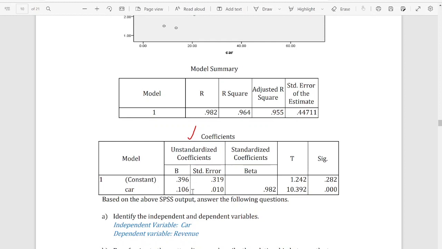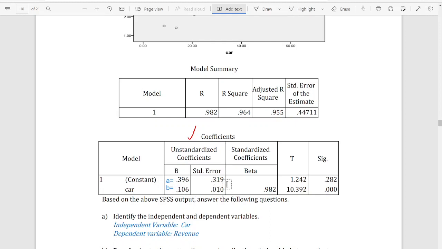So this is the value for B. Okay, this is for A, and this is for B. Okay, you have A and B. So if you want to write your answer, you need them here. So we know here the value of A is 0.396 and the value of B is 0.106.